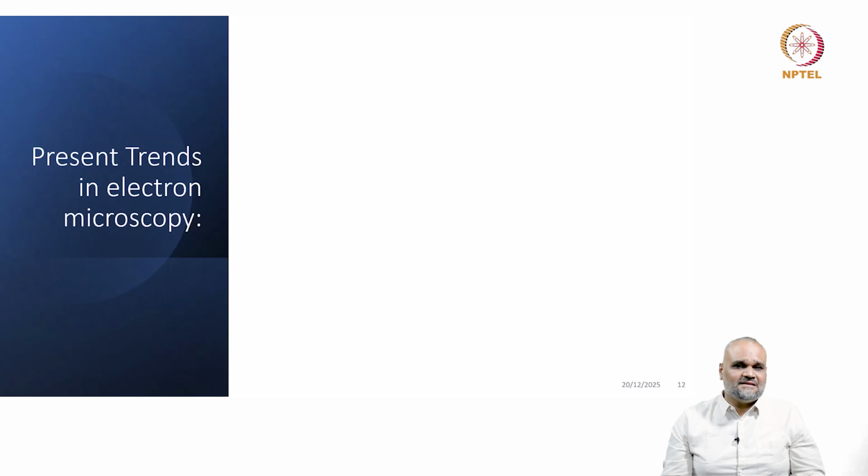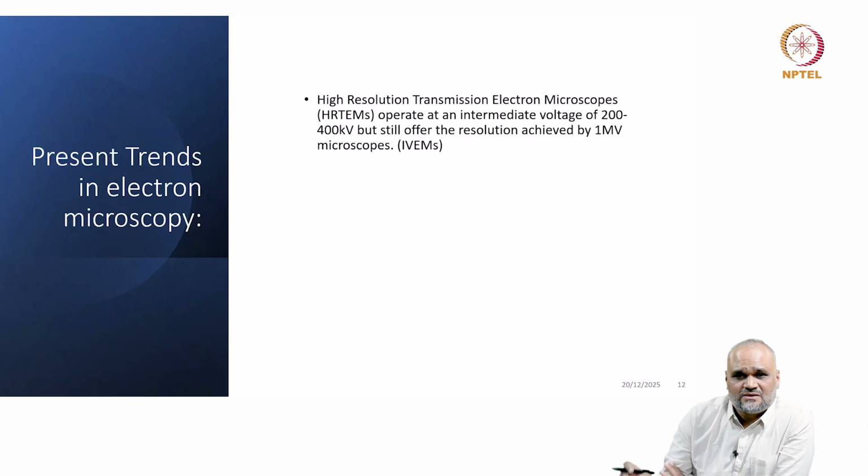And the idea was, how do I improve the resolution? So there were about 400 to 1 million electron volt microscopes, a host of them. Even today, there are a few instruments in Japan which are still operational, running at beyond 1 million electron volts. So the idea was to improve the resolution and achieve better and better resolution in the microscope.